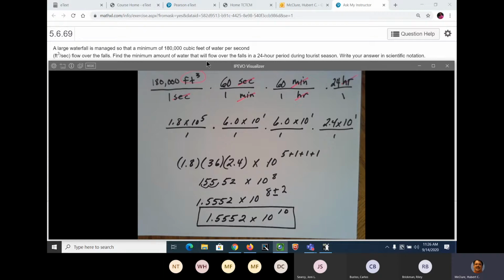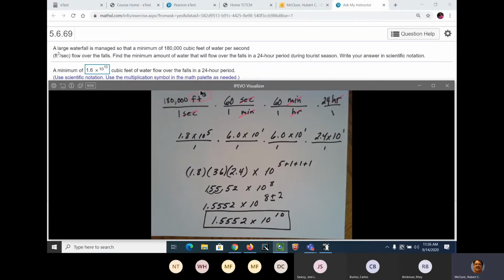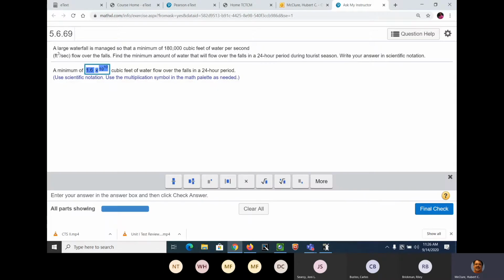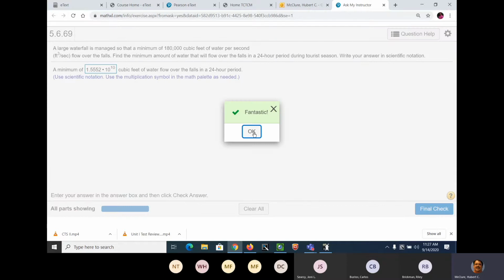I think it says scientific notation. Yep. I don't see anything that says round, so I'm going to do 1.5552 times 10 to the 10th power. Fantastic. And that's how you do that problem.